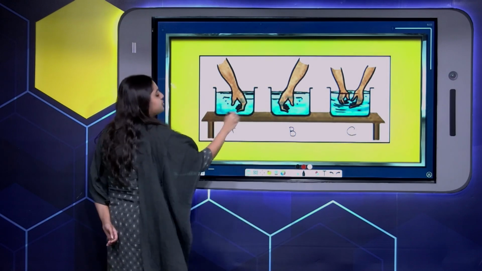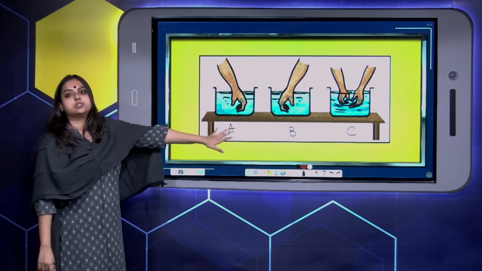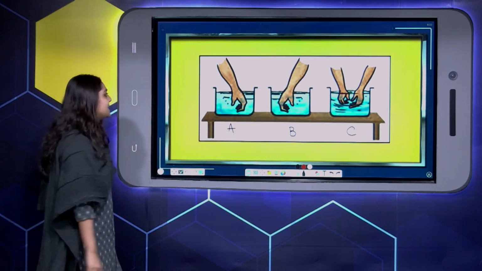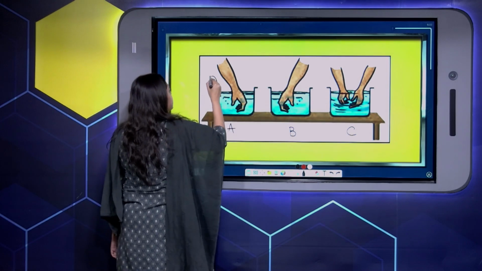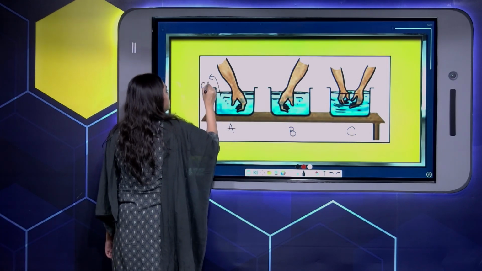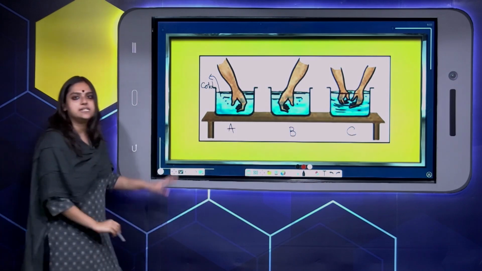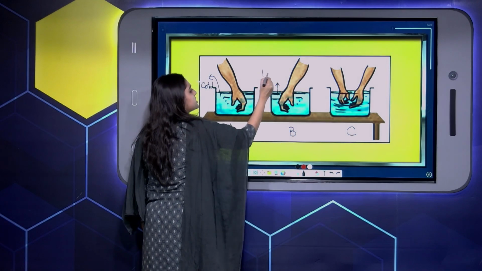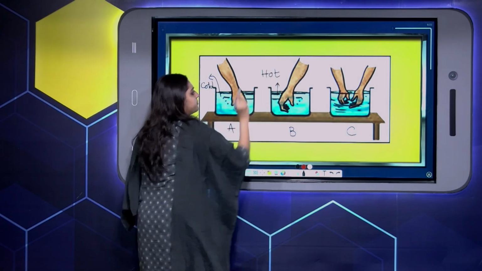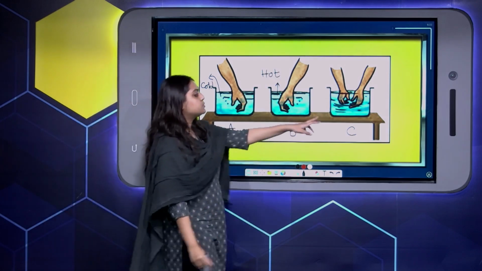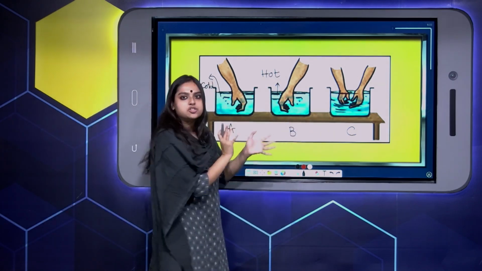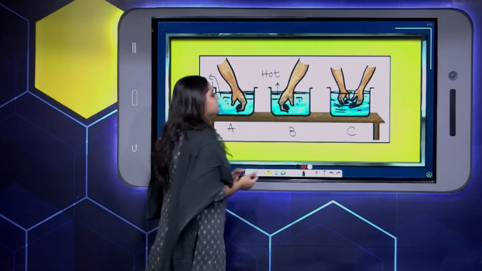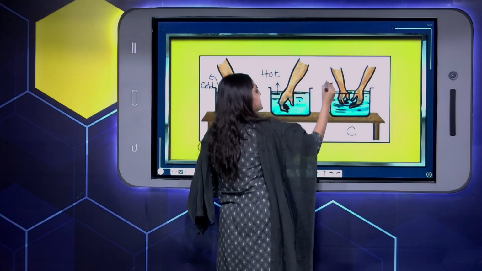Now, in the 3 beakers, we put water of the same quantity, but there's a difference. Here, it is cold water. I'm just writing cold, okay? Here, it is hot water. And this water is a mixture of the cold water and the hot water. So, I am writing here mixed.